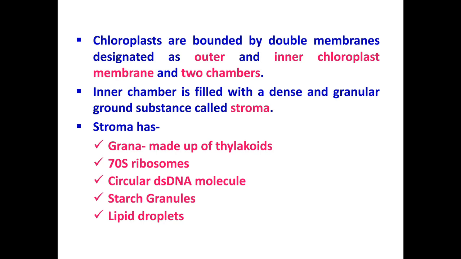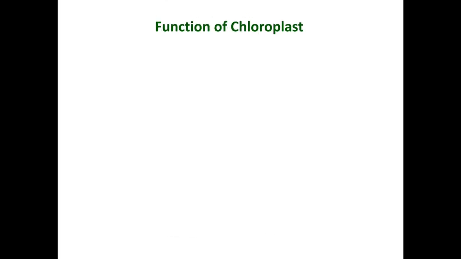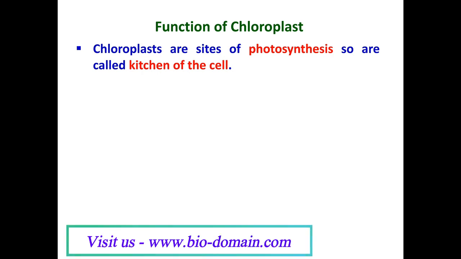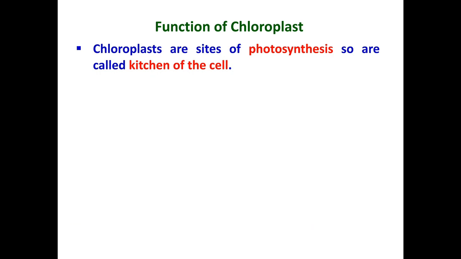So students, finally let's know about the function of chloroplast. The most prominent role of chloroplast is to synthesize food material during photosynthesis. That's why they are the main site of photosynthesis in leaves and so also called the kitchen of the cells.